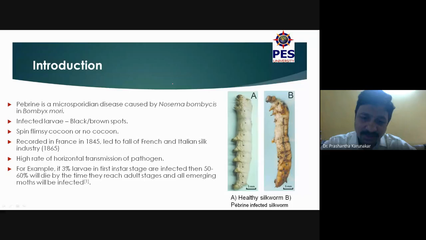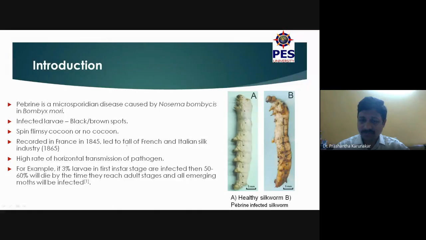Pebrine disease is a microsporidian disease caused by Nosema bombycis in Bombyx mori. If you look into this image, A is the healthy silkworm, and B is the pebrine infected silkworm. If the silkworm is infected, then we will observe black spots, and this has majorly affected the whole silk industry, even in France in 1845.